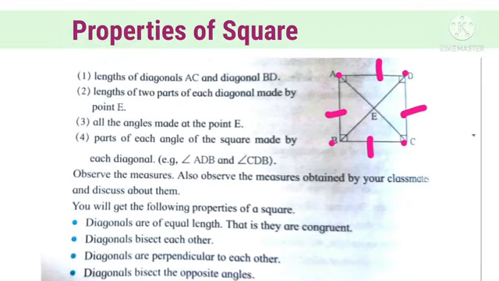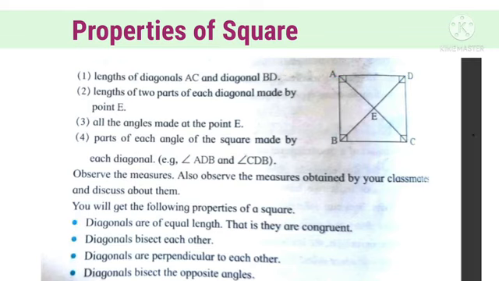What are the properties? See first property. Diagonals are equal in length. That is they are congruent. Second, diagonals bisect each other. Third one, diagonals are perpendicular bisector of each other. See here. These diagonals are perpendicular and bisector of each other.